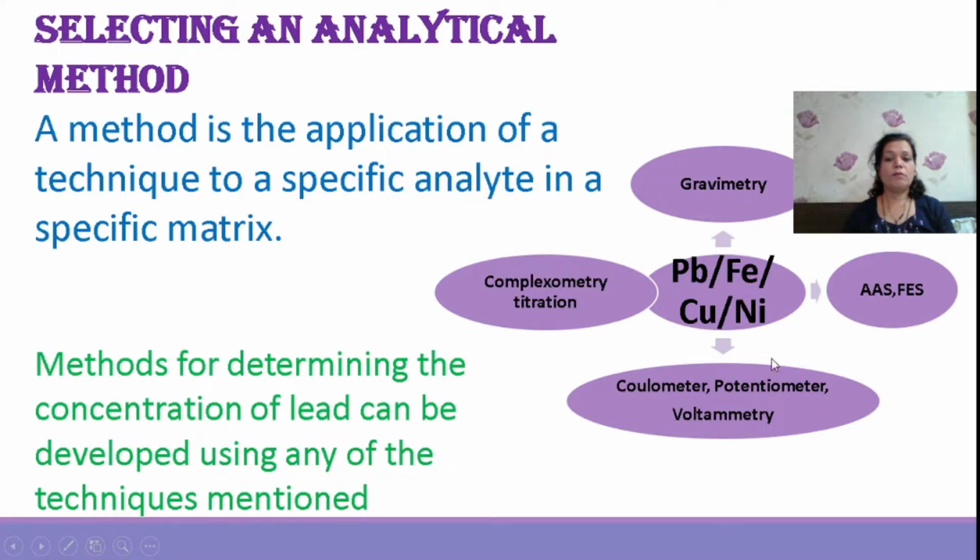So if for a particular metal these are 4 methods available, which to be chosen? That is the task suppose given to you, that you are appointed in a QC laboratory, an analytical chemistry laboratory, and you have to choose a proper method to find out the concentration of one of these elements present in an analyte.